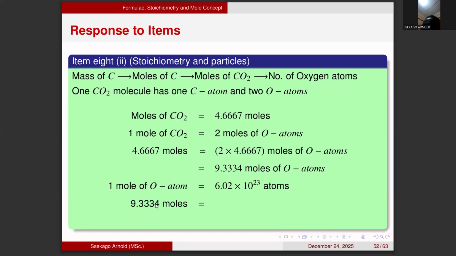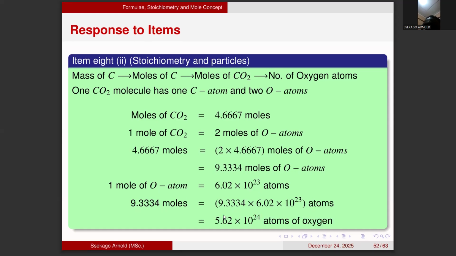Then the 9.334 moles of oxygen atoms which we have obtained will be equal to 9.334 times 6.02 times 10 power 23 atoms. Computing this, we obtain 5.62 times 10 power 24 atoms of oxygen.